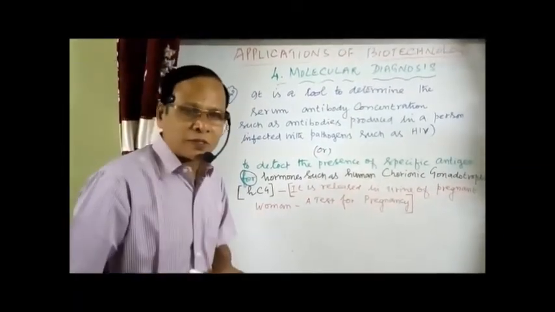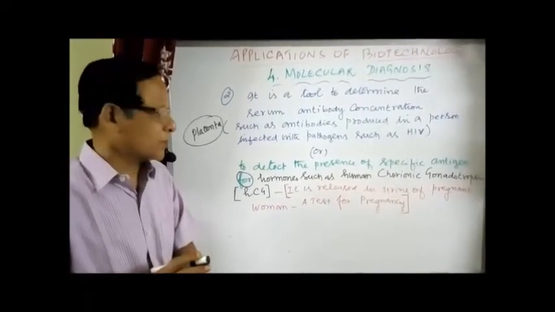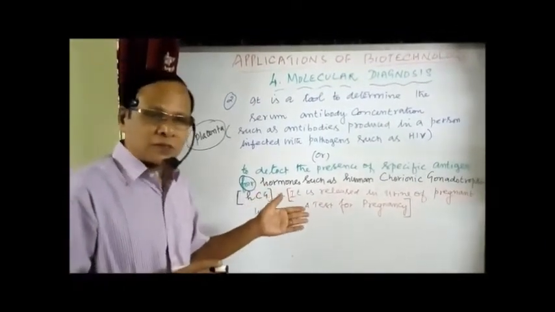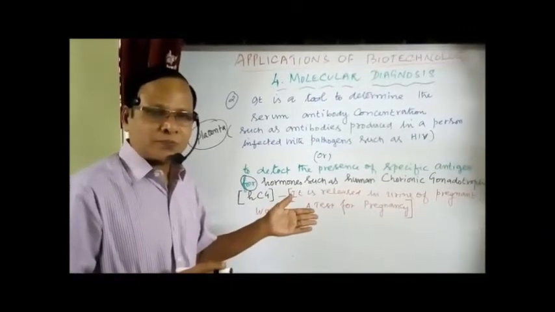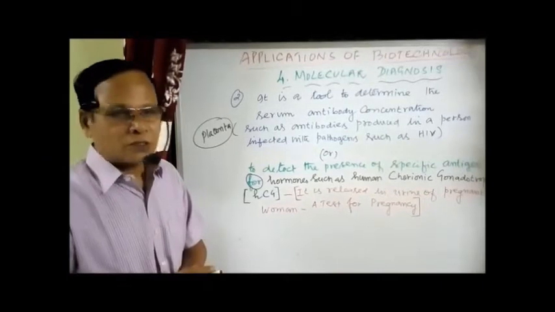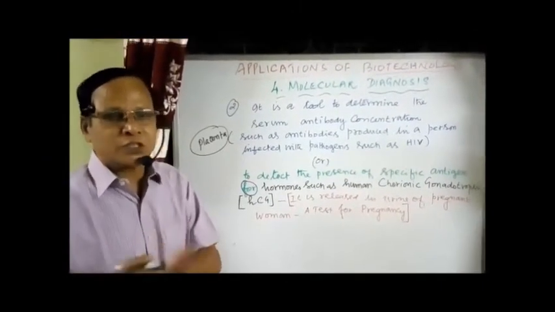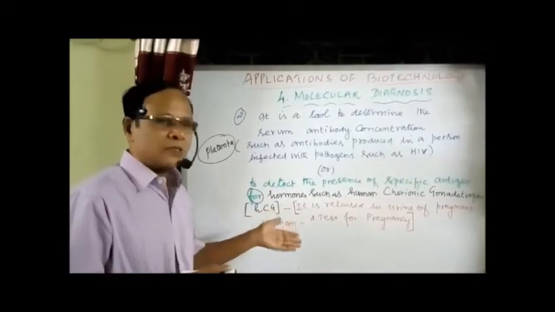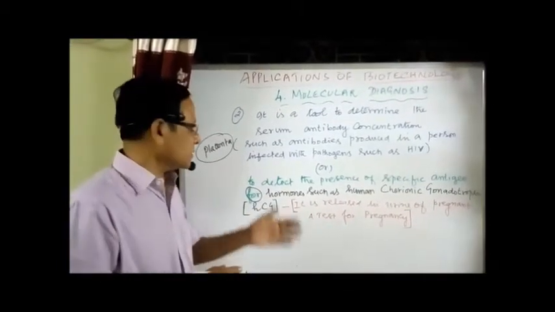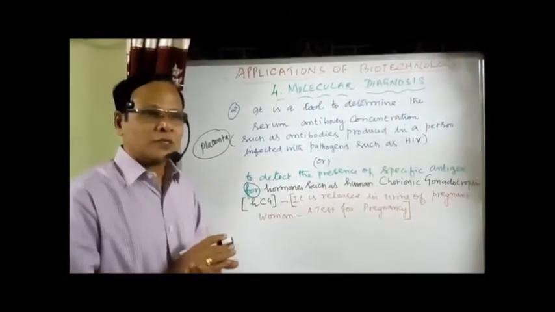So only during pregnancy is this hormone secreted, because the placenta is found only during pregnancy. So the presence of chorionic gonadotropin in urine is an indicator to confirm that the woman is pregnant.